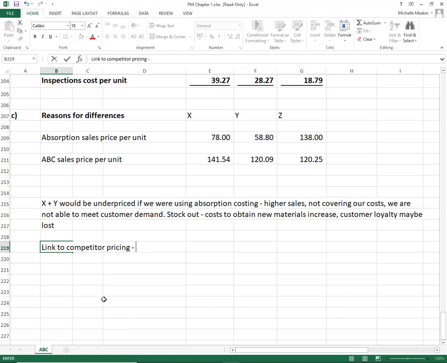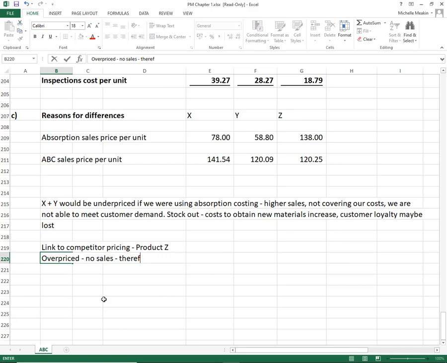Specifically there, product Z. Because under absorption costing, product Z would have been priced significantly higher. Therefore, it may have been seen by customers as being overpriced. We'd make no sales. We may not have understood that it was down to the cost per unit.